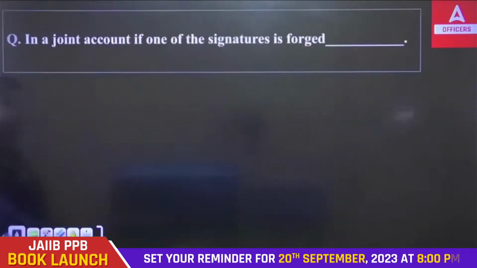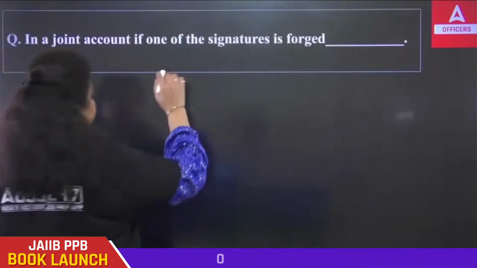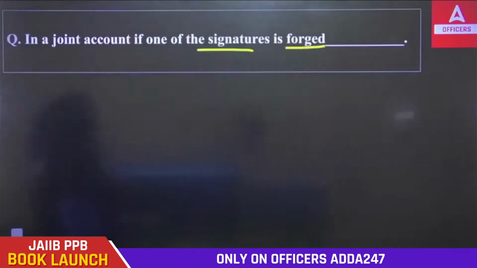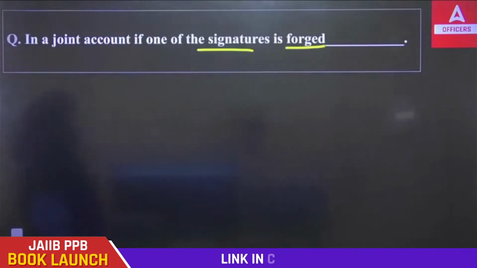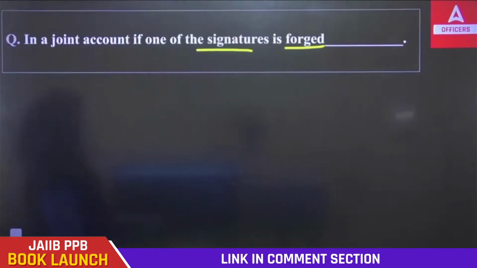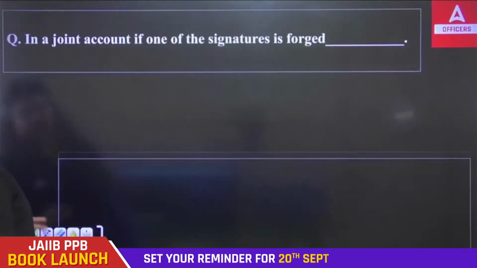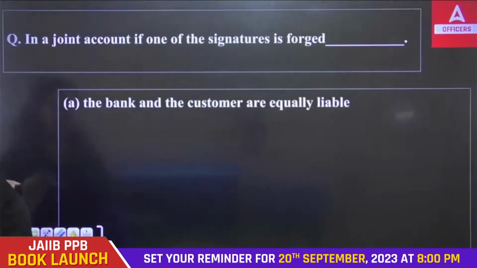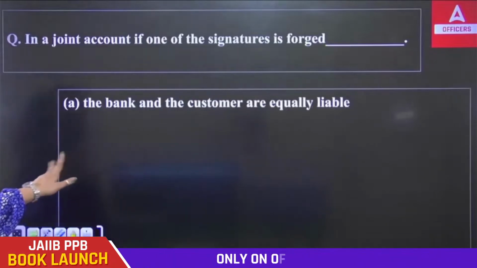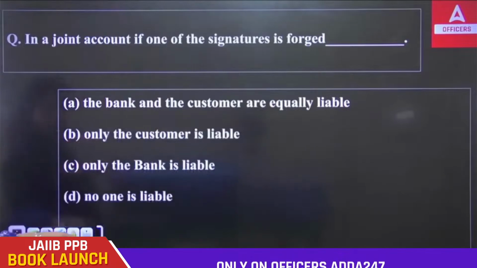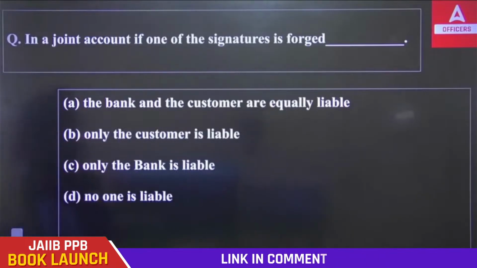Now the next question we have: in a joint account, if one of the signatures is forged, dash. So you have a joint account and the signature of one of the persons of the joint account is forged. In that situation, what happens? First, the bank and the customer are equally liable. Second, only the customer is liable; only the bank is liable; and no one is liable.